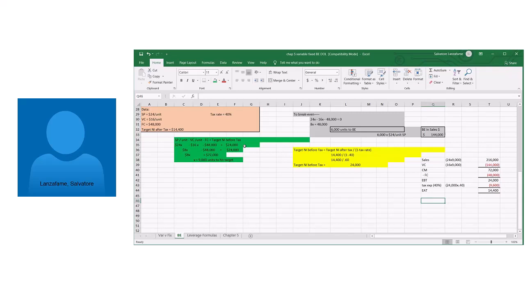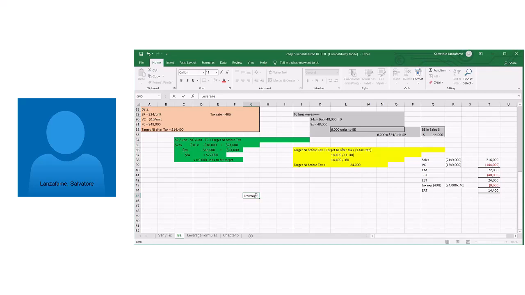Okay, so what else can you do with this? Well, in a lot of books that teach break even, usually it's followed up by the topic of leverage, right? And let me just quickly talk about leverage here before I show you some formulas. So I like what your book says about leverage.